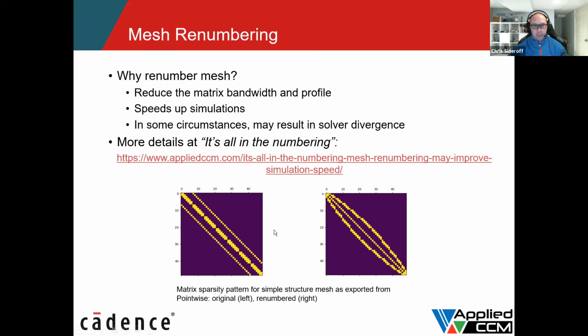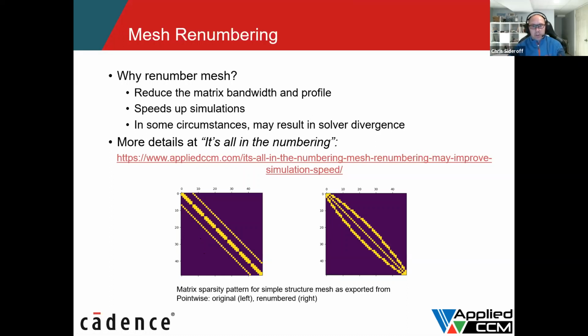I took a couple of images out of this blog post. Here's the sparsity pattern on a really simple structured mesh before renumbering. Here it is after, and this is the diagonal, and we want as many of the non-zero elements as close to the diagonal as possible. There have been situations where I've had a 2 or 3,000 cell mesh that wouldn't run until I renumbered it.